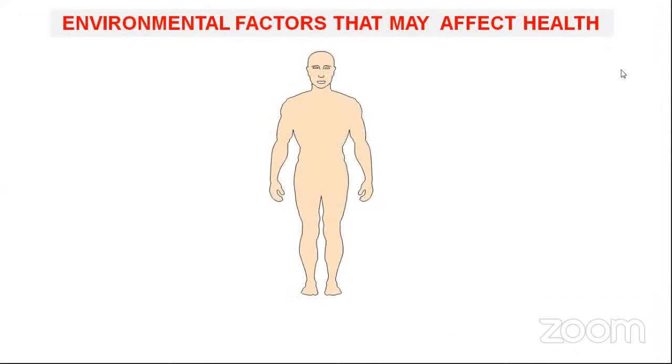Now, let me put up almost the last or penultimate slide, a comprehensive slide. Environmental factors means those which are external to the human being, which are dangerous to the homeostasis and health of the human being. They could be factors, influences, chemicals, or some kind of energy which is unseen.